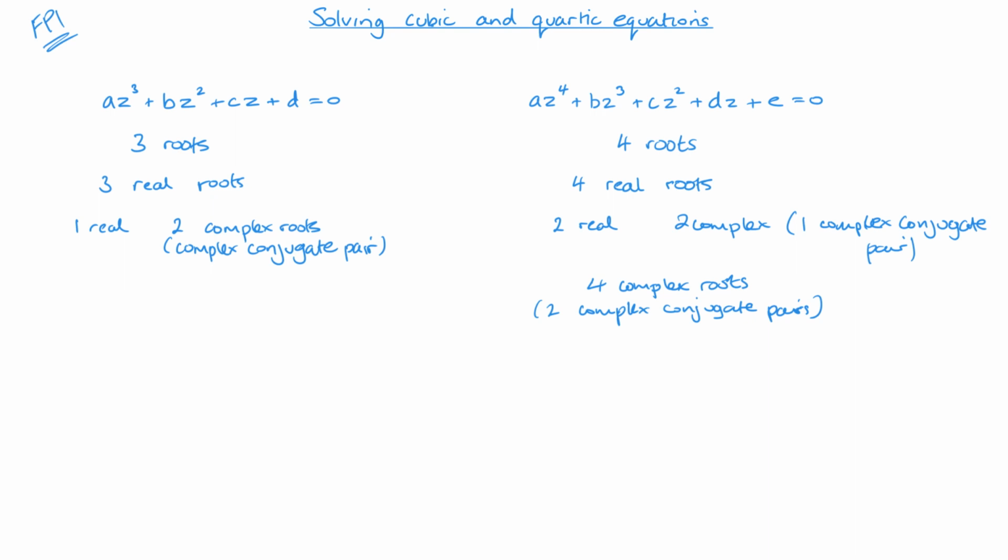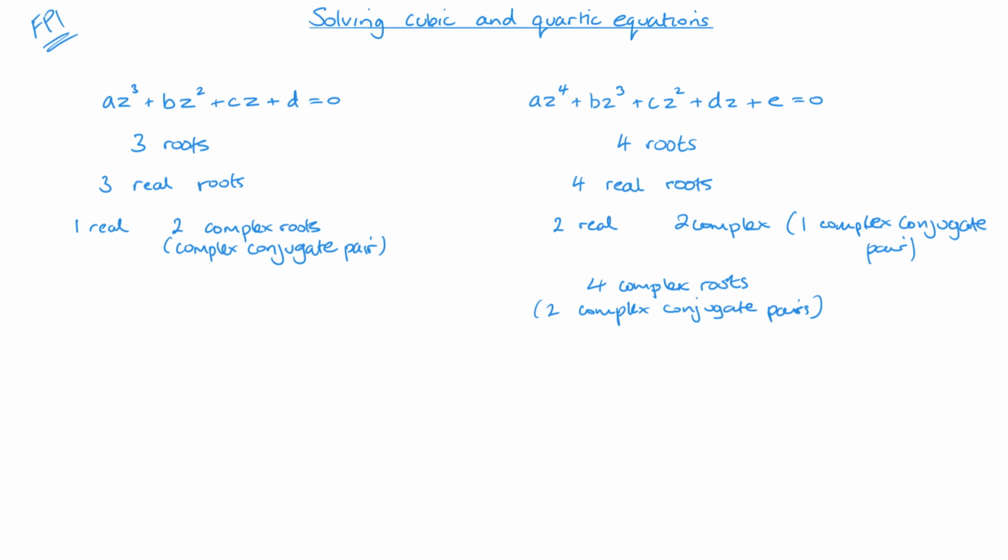So these are the scenarios we get: the three real roots, the four real roots. You don't tend to see these questions within the further pure one because the focus is on complex numbers. So you're far more likely to see, for a cubic, one real root with one complex conjugate pair.